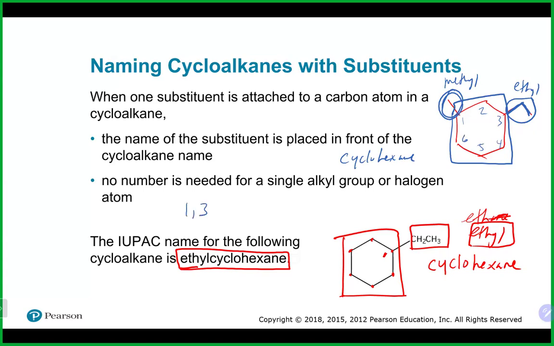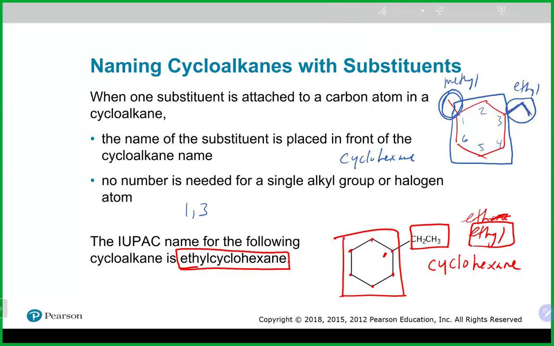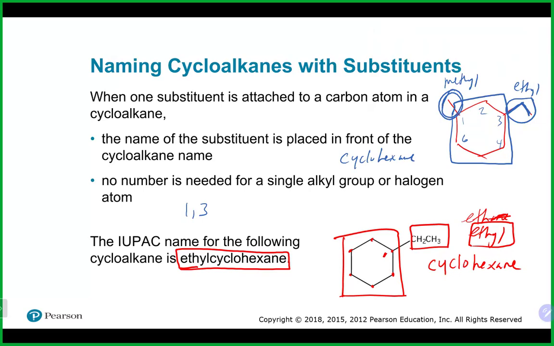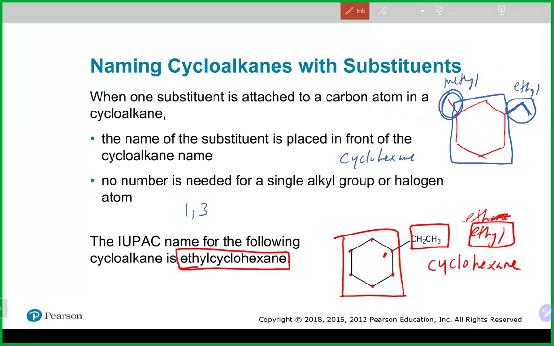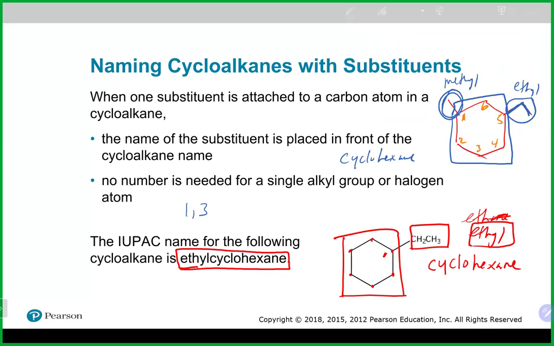We could start again at this guy and go 1, 2, 3, 4, 5, and 6. And clearly in that case, that's going to give us a 1 and a 5, which is, again, a little bit bigger of a number. So we wouldn't want to go that way.